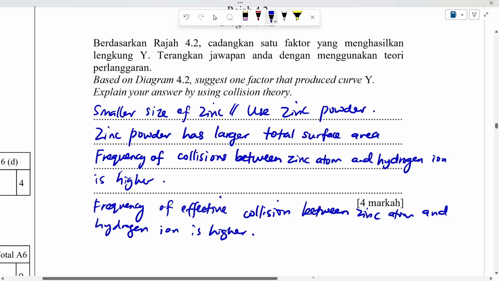So point 1, point 2, point 3, then point 4. Point 3 and point 4 just differ by one word: the effective collision.